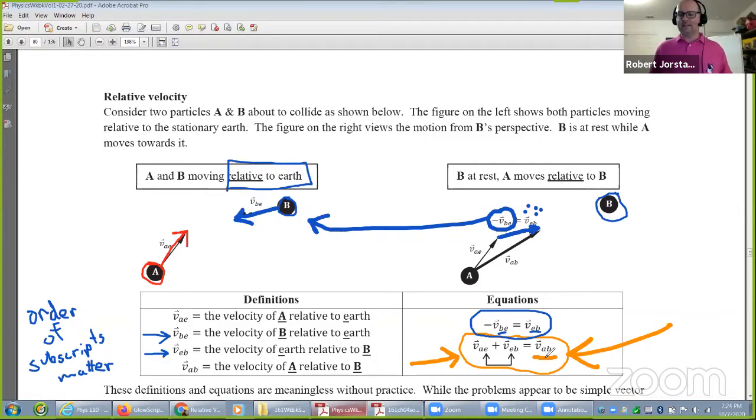If I want the velocity of A relative to B, notice the letter E. Let me do this here in a different color. Notice the symbol E is the in-between vector. You're going to hear me say this over and over again. It's like the letter E gets squeezed out of the equation.